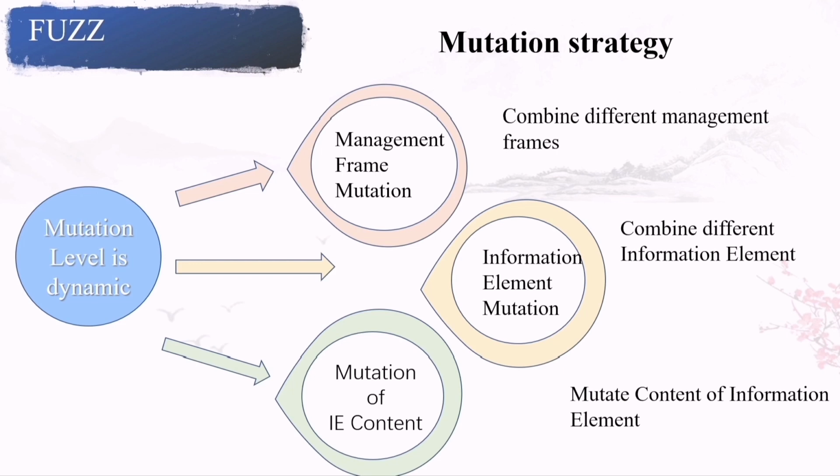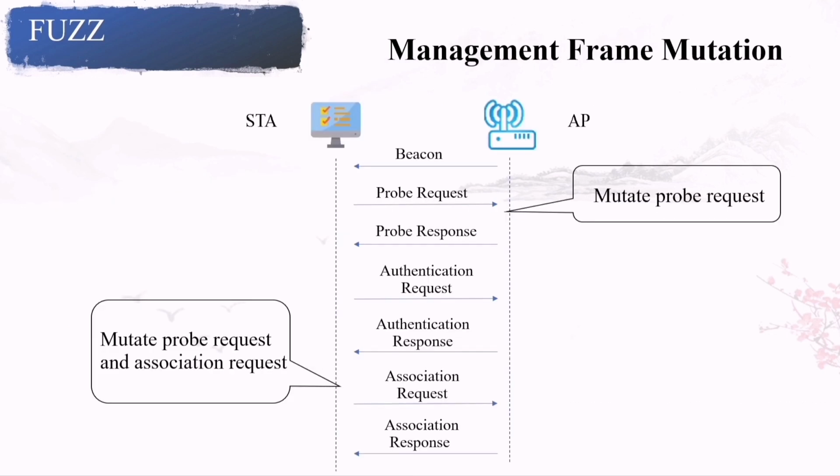By information element mutation, we mean we combine various information elements in an orderly or disorderly way to create a malformed management frame. By mutation of information element content, we mean some fields of information elements are mutated and a malformed information element is generated.